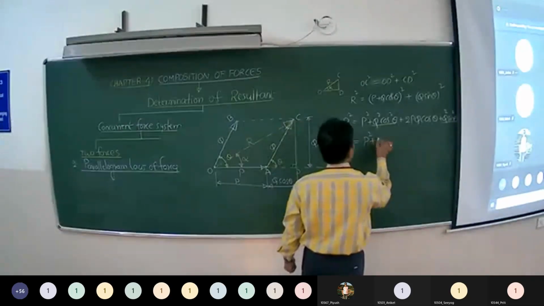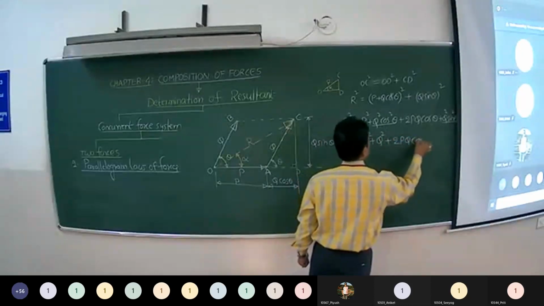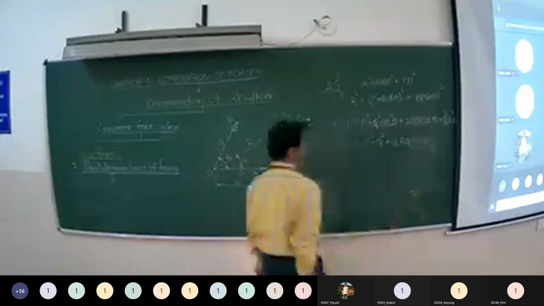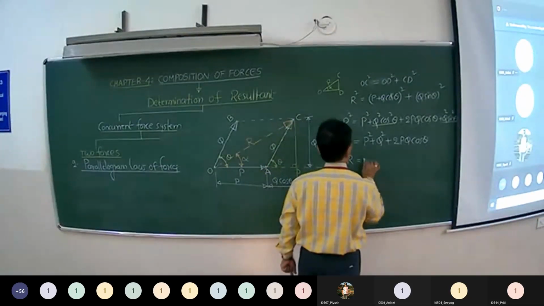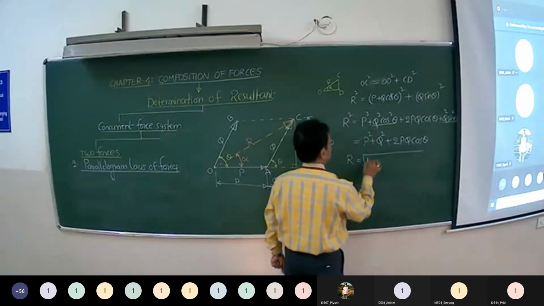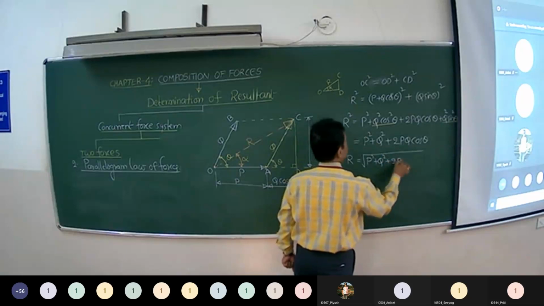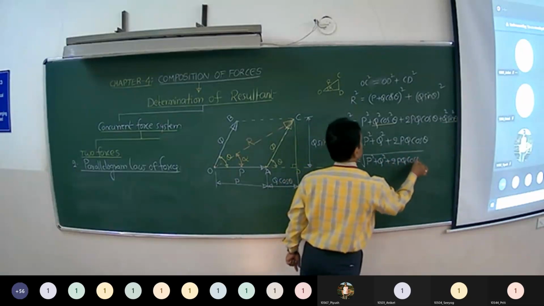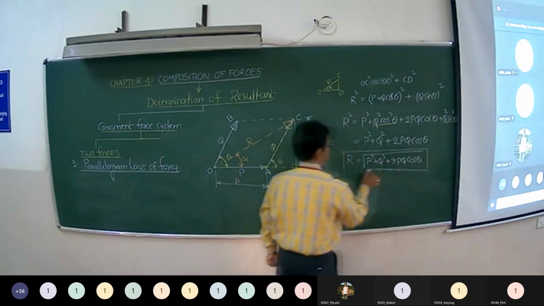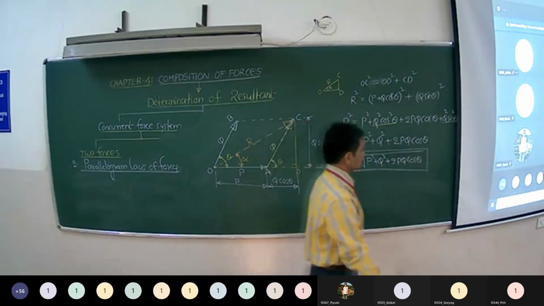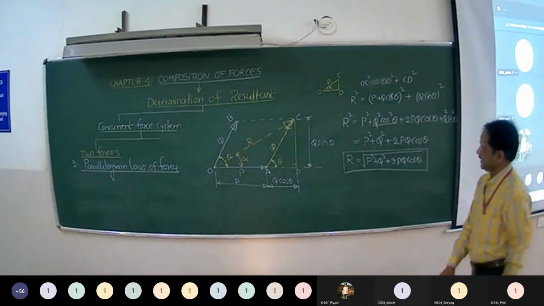So it is P square plus Q square plus 2PQ cos theta. So the magnitude of resultant is given by R equals square root of P square plus Q square plus 2PQ cos theta. So by using this expression, you can calculate the magnitude of resultant.